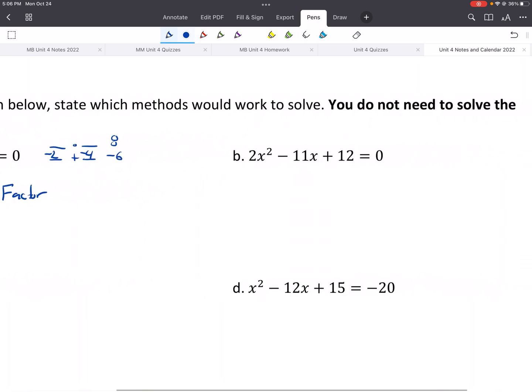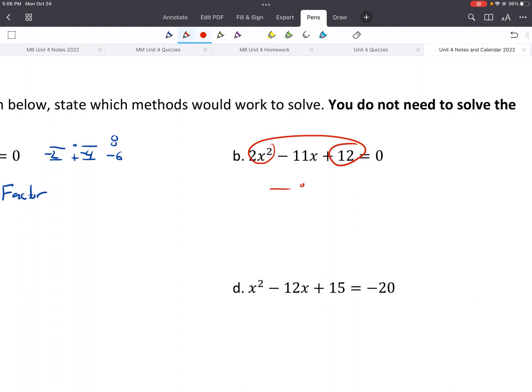Next, we wouldn't want to complete the square because b is not even. We have two x's, so we wouldn't use square roots to solve. So here my thinking is we would factor. So let's see if we can multiply.